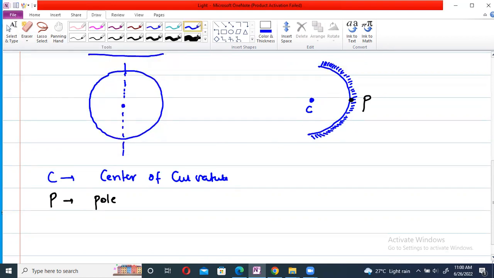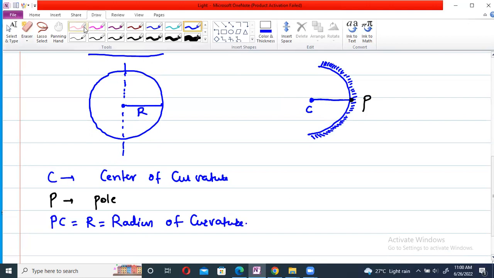The distance from the center to the pole looks like the radius of the circle. If I draw from here to here, it should be called R, the radius of the circle. Same here: P to C is equal to R, and that R will be called the radius of curvature.